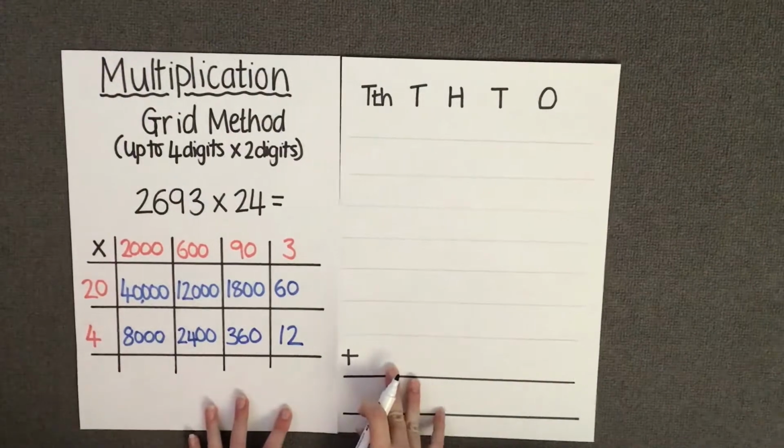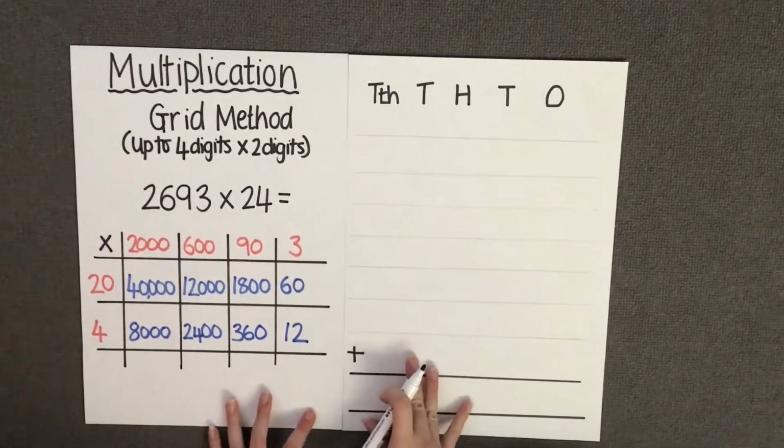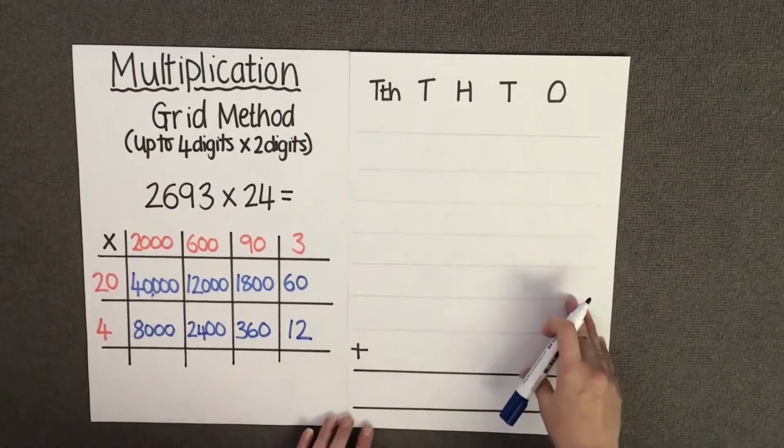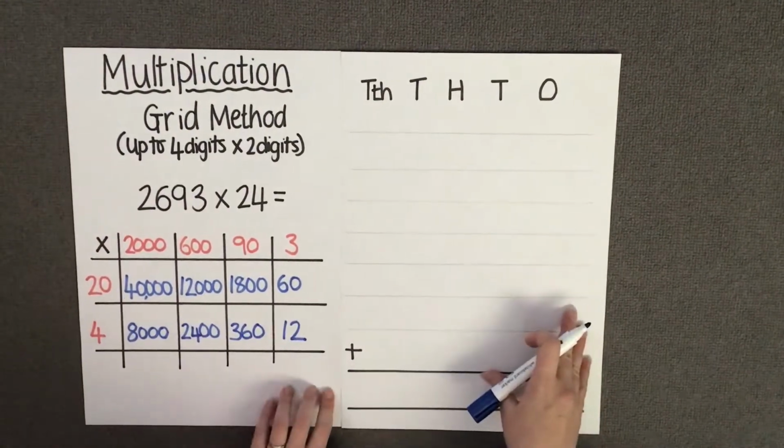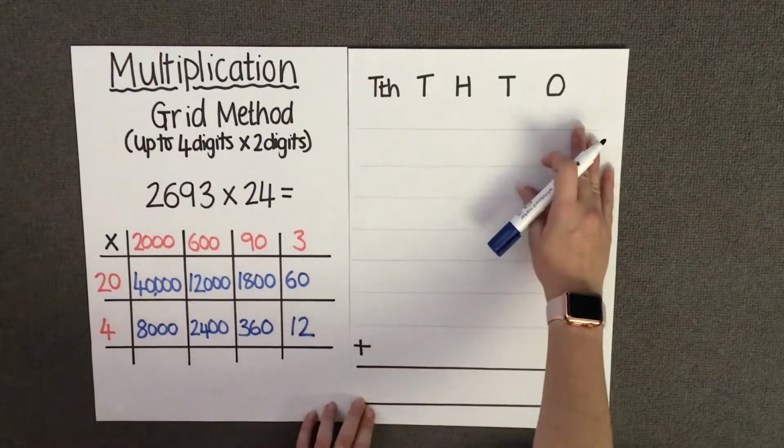The next part of our operation is to use the column method of addition to add up all of our answers. We need to make sure they are set out correctly underneath the correct column headings.